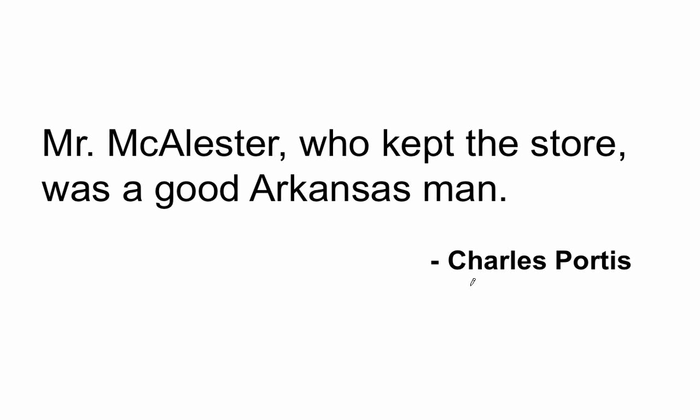This sentence is by Charles Portis from his novel True Grit, and it goes like this: Mr. McAllister, who kept the store, was a good Arkansas man. What I find most important is, first of all, to look for the core sentence, meaning look for the subject and the verb. So what is this sentence about? Mr. McAllister, subject, and your verb is actually a linking verb here, was.